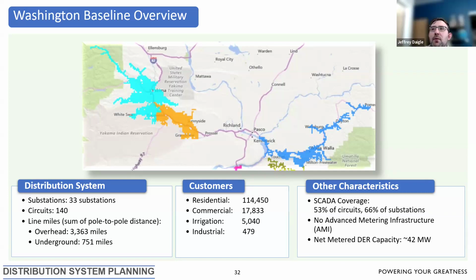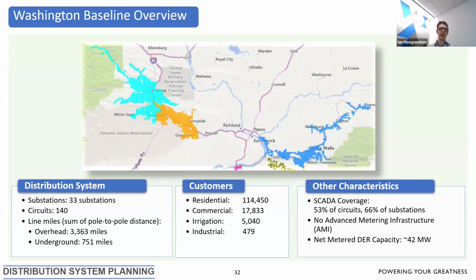And then I guess the third question, Ian, is do you need AMI to be able to deploy some of those non-traditional solutions that you mentioned? It helps in determining what the potential for non-traditional solutions is.